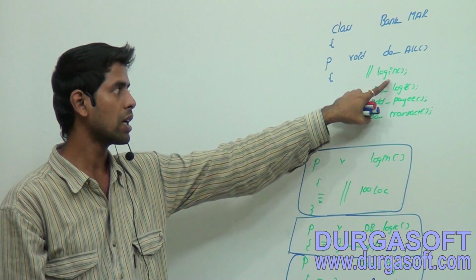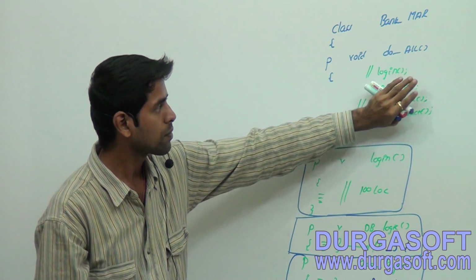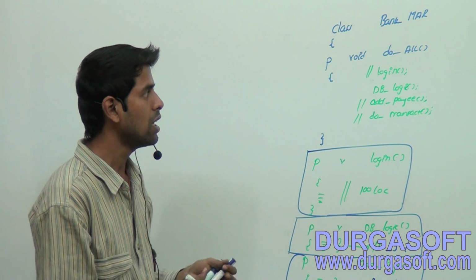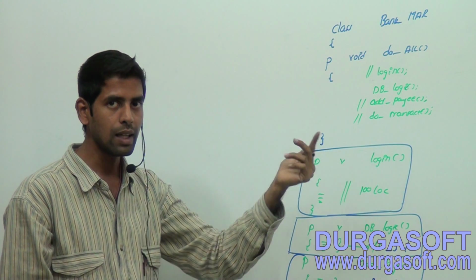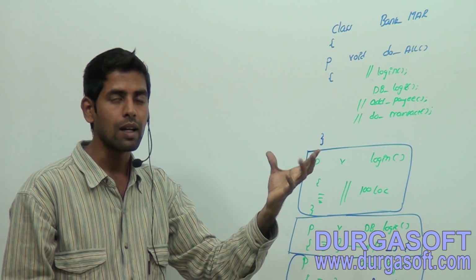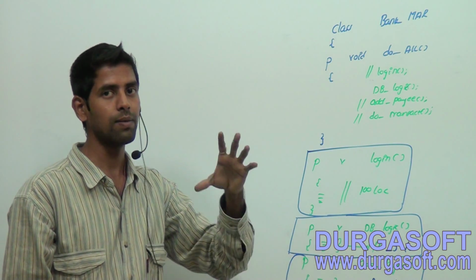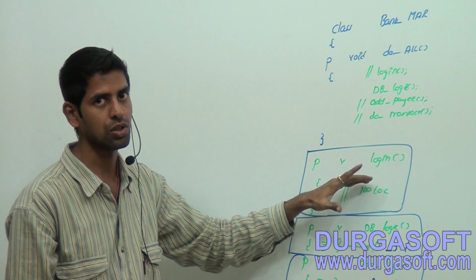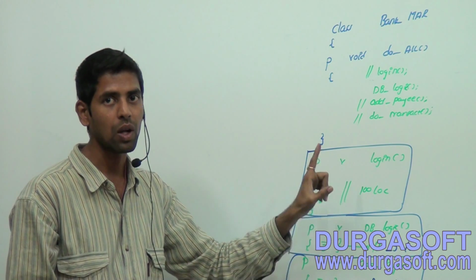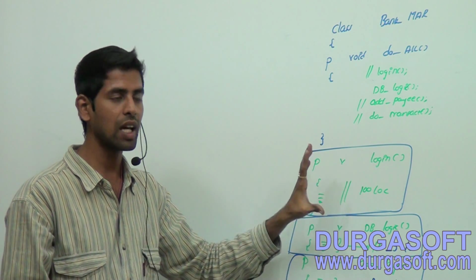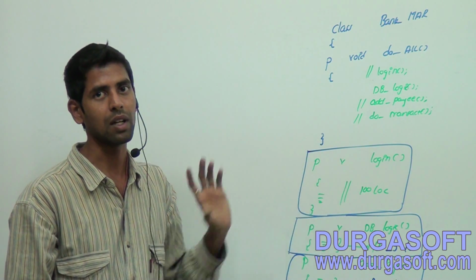If I want only login, I use only login; if only db, I use db. Now observe, a little cohesion, that is well defined functionality, we have achieved. Login logic is available within the login method, and the functionality implementation is available there.